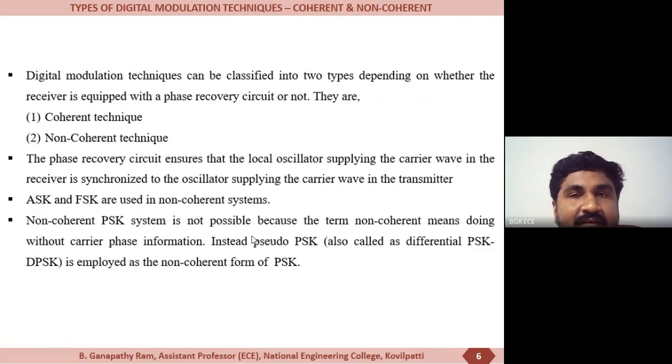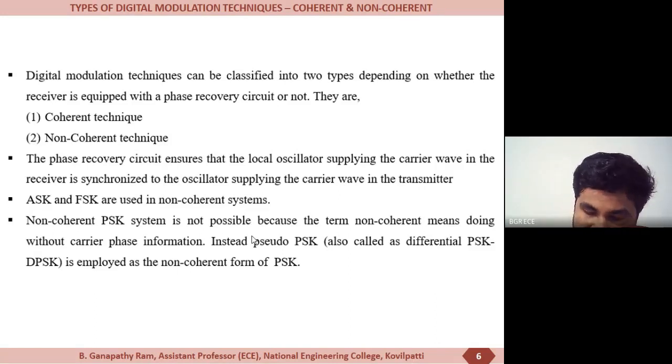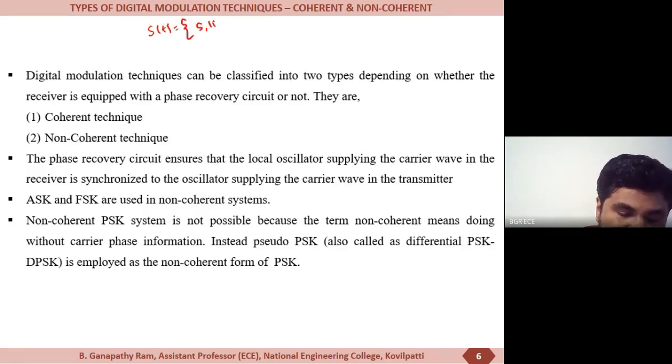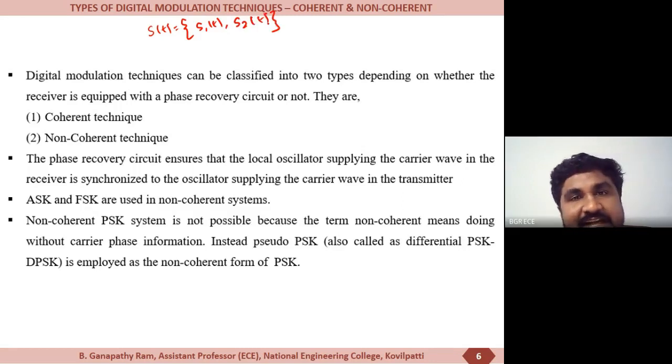If the transmitter is transmitting two symbols, let us assume a binary transmission S1 of t and S2 of t. If any one of these two signals is transmitted at any point of time by a transmitter, then whatever the phase used in S1 of t and S2 of t is reflected on the receiver side also.